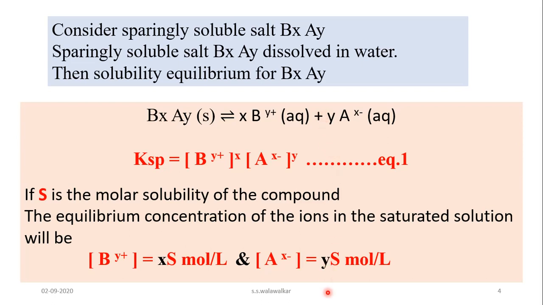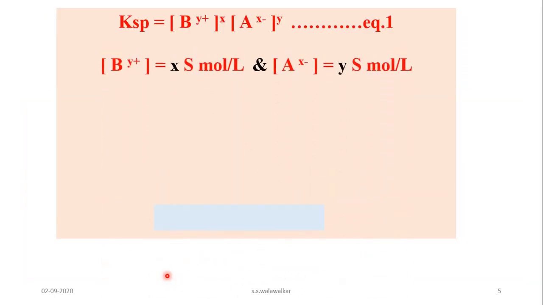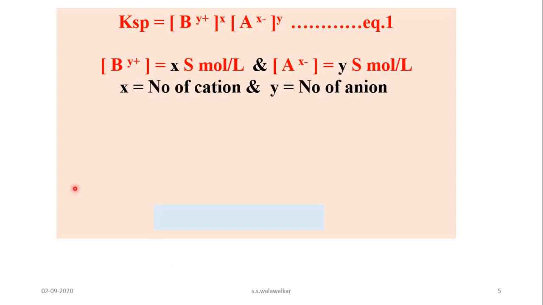Here x means the number of moles of cation and y means the number of moles of anion.